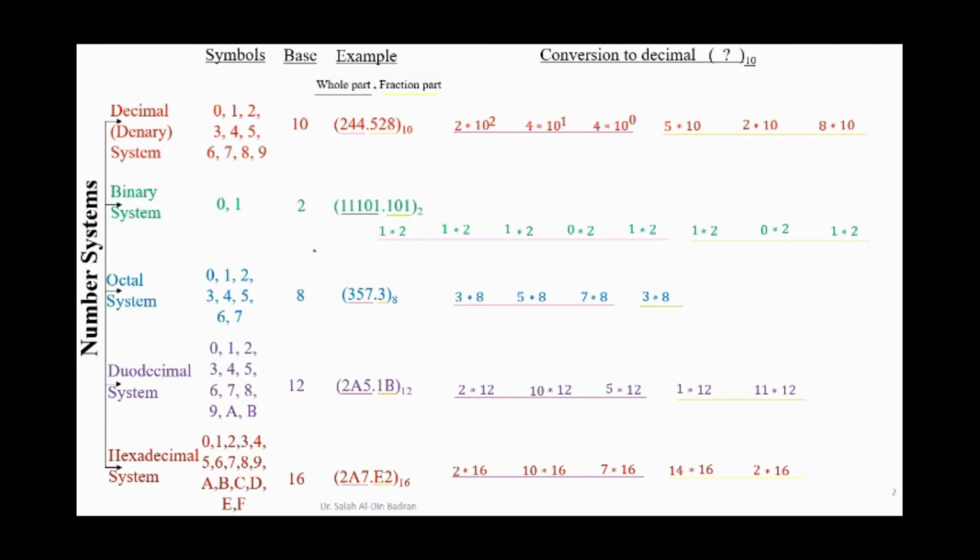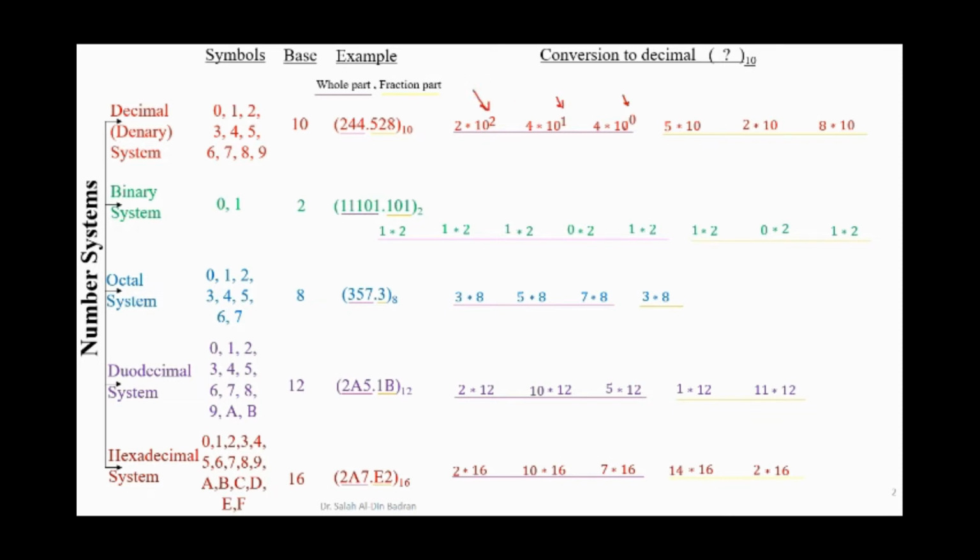So these numbers that represent the total number of symbols of each system are used as bases for performing the conversion to decimal numbers. What we did here, we started with the whole number from 4, the first digit on the right side, 4, which we multiplied by 10 raised to the power 0. We started with 0, then 1.